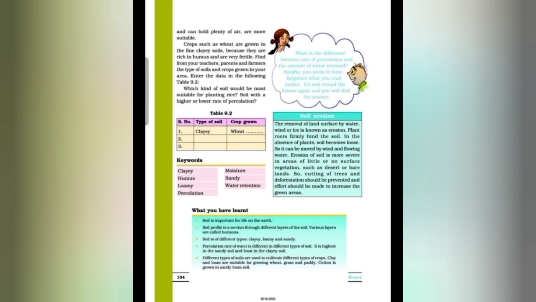So students, different types of soil are found at different places. The main factors that affect the soil profile and bring about changes in the soil structure are characteristics of parent rock, plant cover and climate.